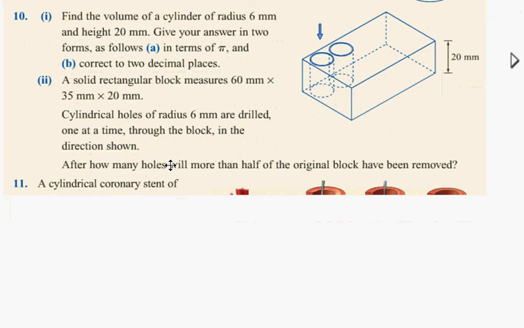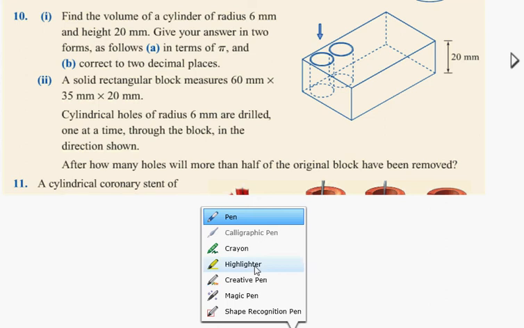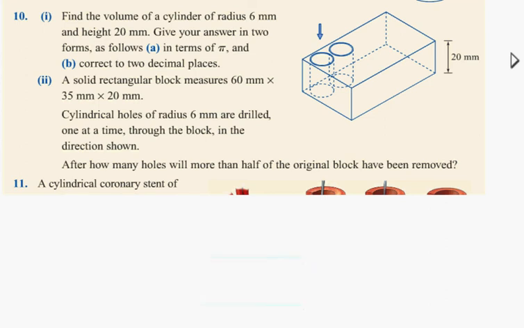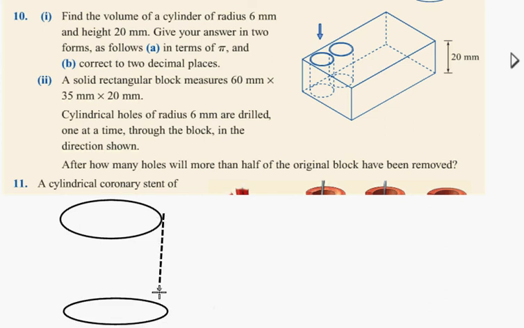Find the volume of a cylinder of radius 6 millimeters and height 20 millimeters. Give your answer in 2 forms, in terms of pi and correct to 2 decimal places. Okay, what's the cylinder formula? Anybody remember the volume of a cylinder? Pi r squared h.